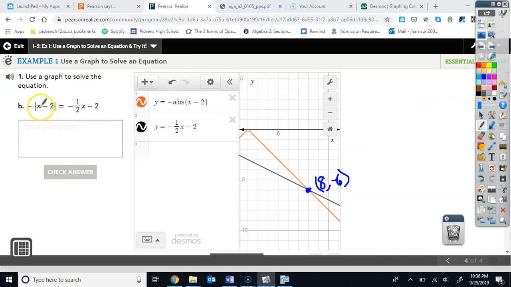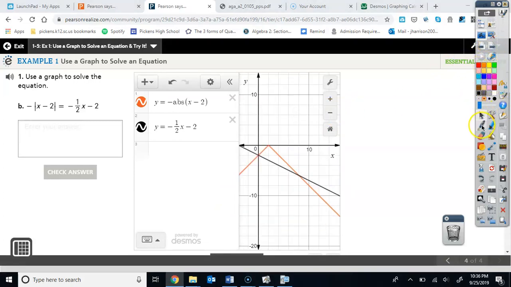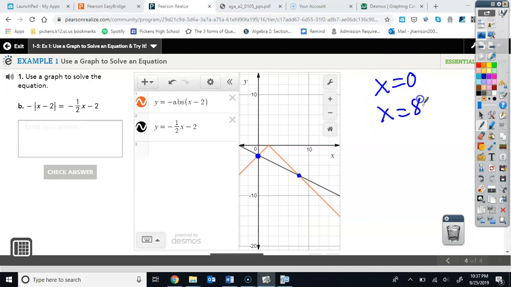So 8 is another solution for this one. So what you could do is now you could tell somebody, because of where these two graphs cross each other at 0 for x and at 8 for x, those two are my solutions for this equation.